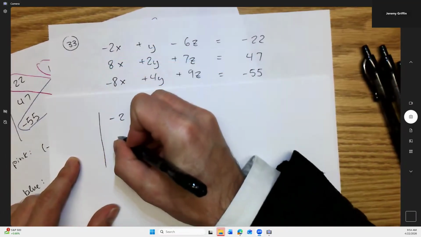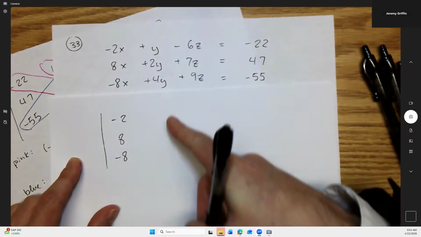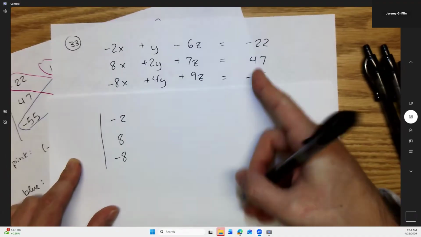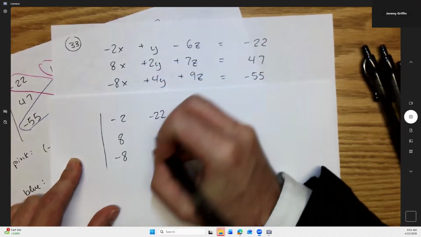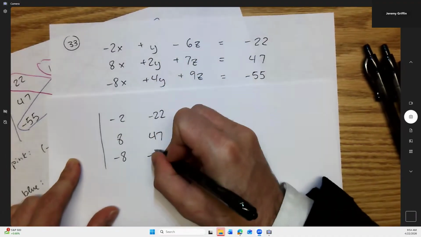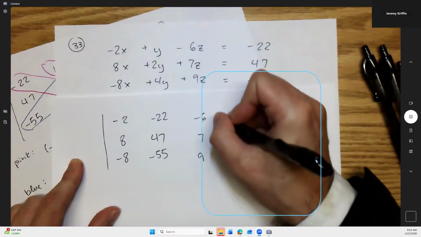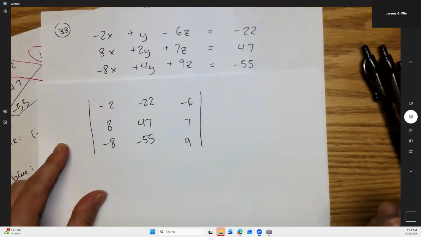Negative 22 is now in the y column. I'm not going to use these values, I'm going to use the answers over here. So now we need that determinant.